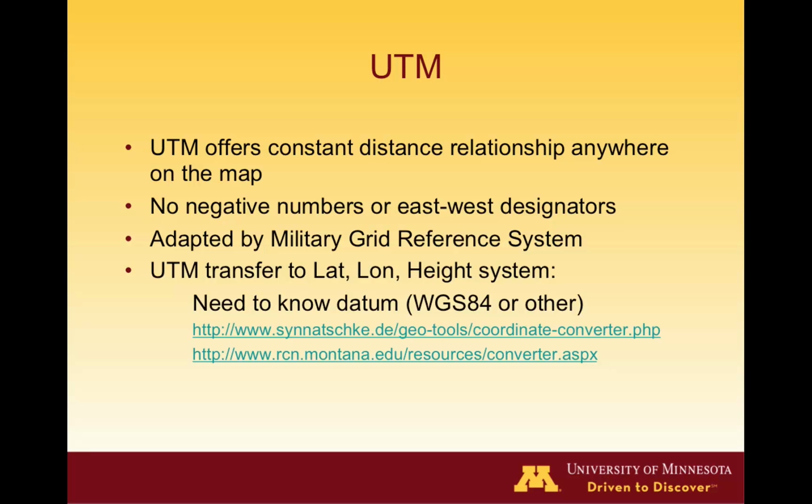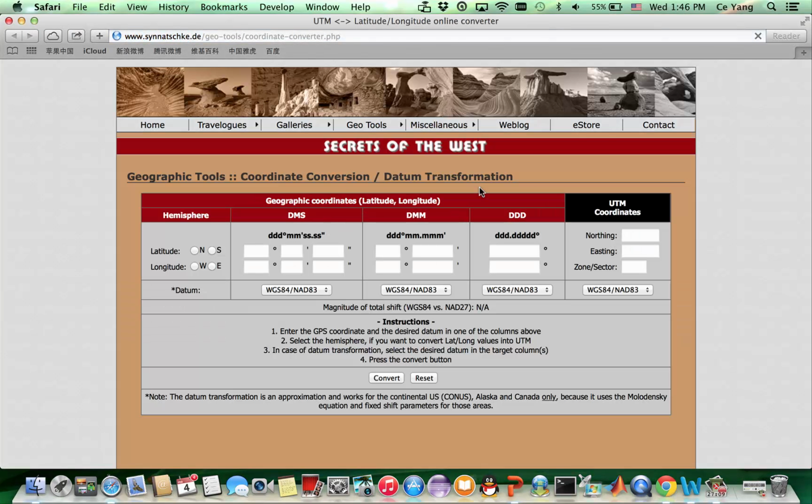UTM transfer to latitude, longitude, and height system. There are a lot of tools to do this. You need to know the datum and then transfer. So here's an example. This is the geographic coordinates for latitude and longitude.